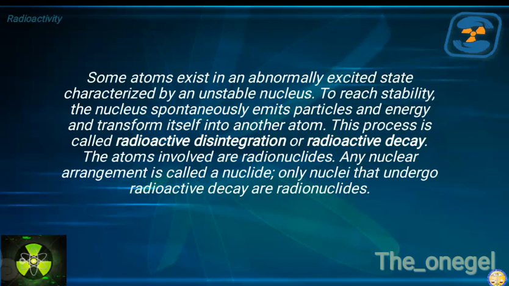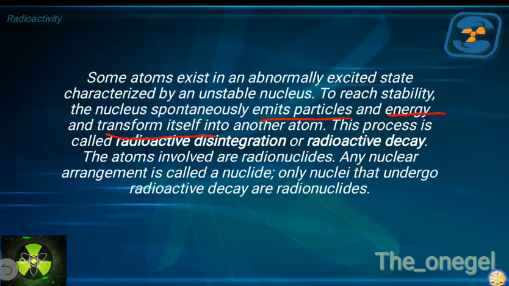If an atom is unstable, it will undergo a process. That process involves emission of particles as well as energy, and it transforms from one atom into another atom to become stable. And again, that is radioactive decay or radioactive disintegration.